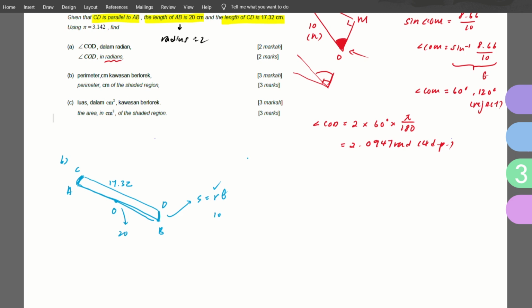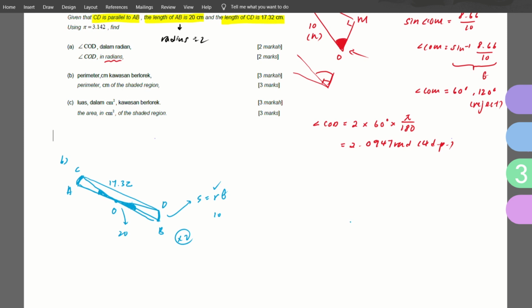The theta we're referring to is this part, and also this part. You may also notice arc AC is actually identical to arc DB because their angles are the same, so we just have to multiply by 2 later. Let's focus on just one, arc DB first. What we are lacking is the angle.